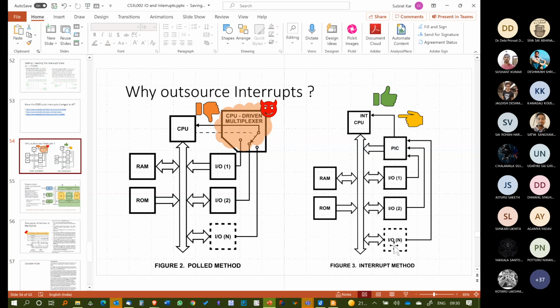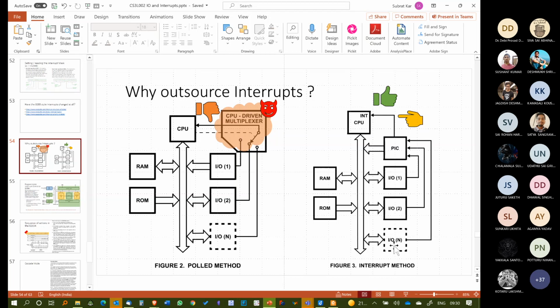It can be connected to 8 more PICs. Right? So a PIC can be connected to a PIC. It's like having a first level contractor and a second level contractor to handle workers. So naturally, the first level contractor will only talk to 8 second level contractors. But each of the 8 second level contractors can have 8 workers.